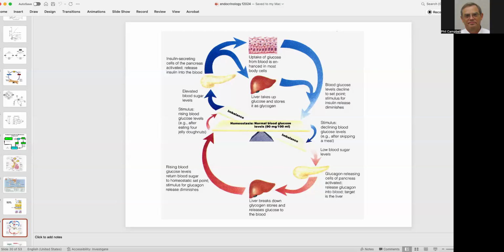So if you are not taking it in, that means it's got to come from someplace in order to maintain those levels, right? So eventually what's going to happen is your blood glucose, because you're not eating anything, is dropping down. You don't want to add any more insulin, because that's just going to make it go down faster. You want to make it go up. So you cannot use insulin. What you use is a different hormone called glucagon.